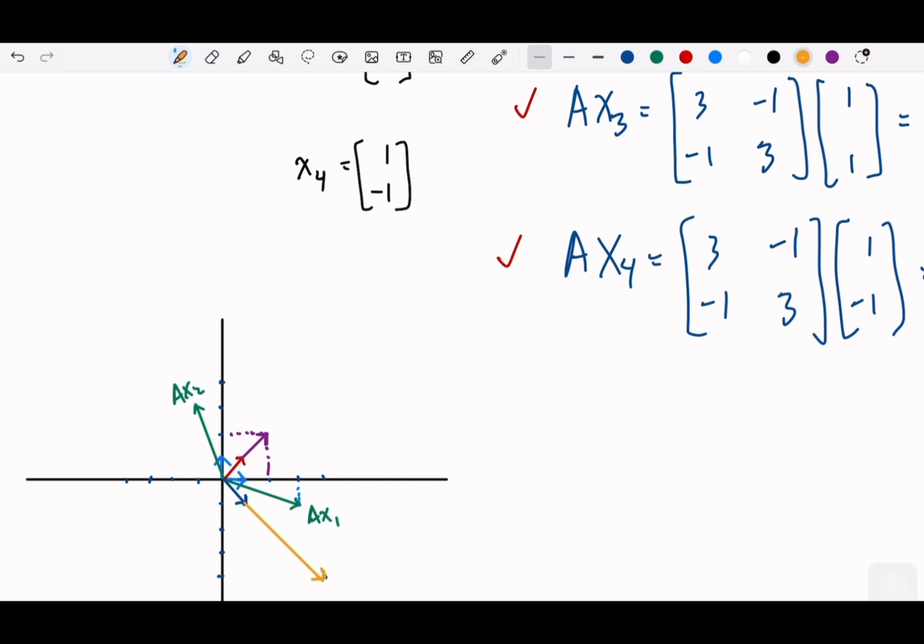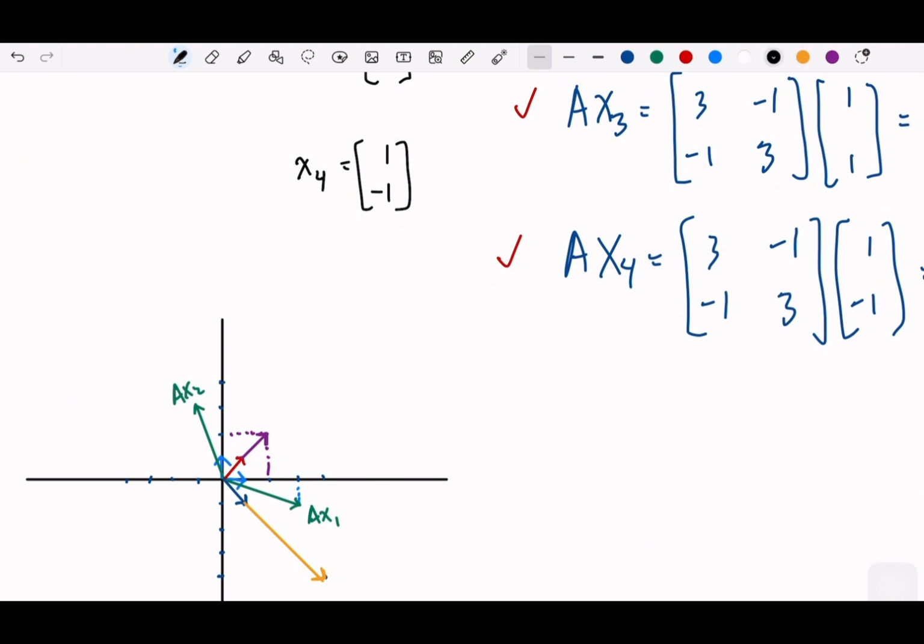Okay. So these two cases will be conditions where we get the eigenvalues and the eigenvectors. So we are multiplying something, and the result is actually a scalar multiplication of the vector itself. Okay, so that's the idea, the eigenvalues and eigenvectors.